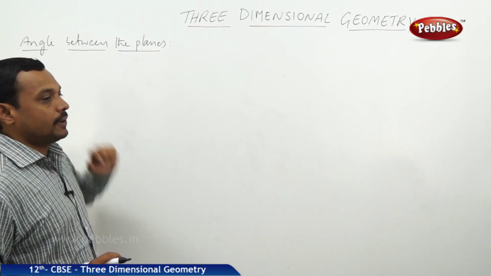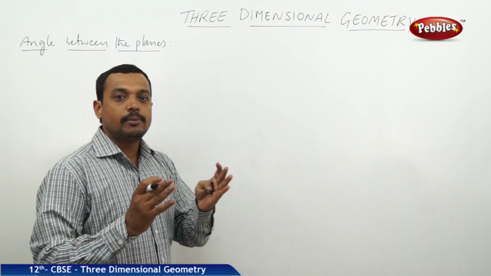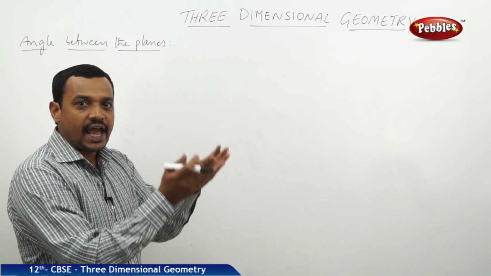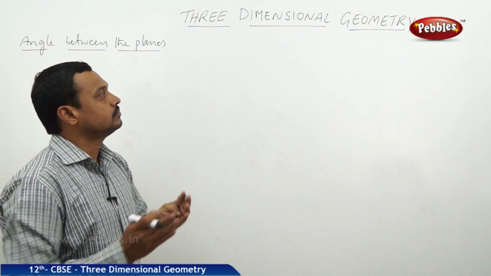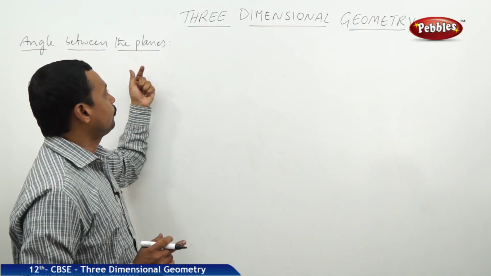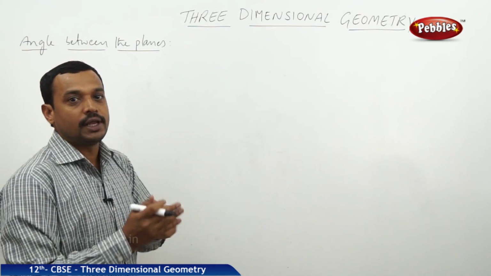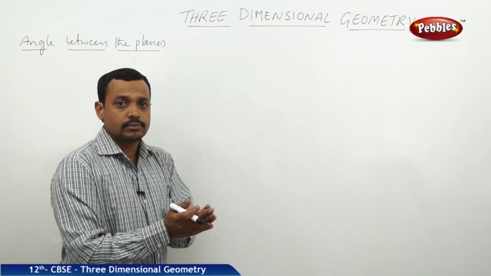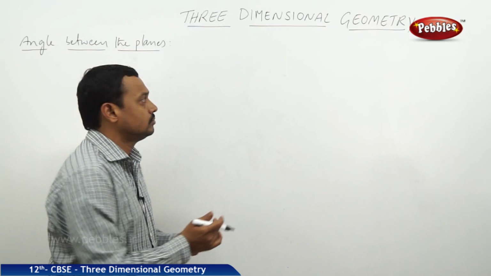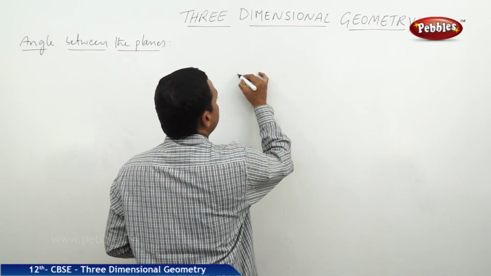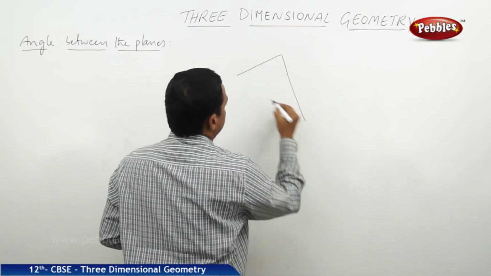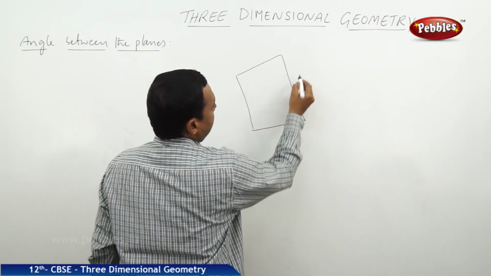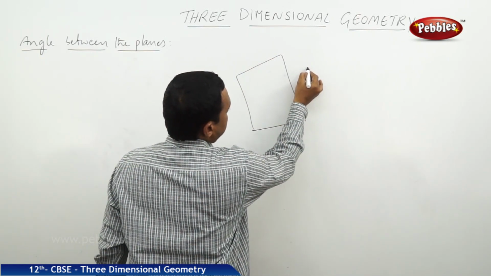Angle between the planes. How to determine the angle between two planes? Already you know how to get the angle between two lines. Right now, we are going to find the angle between two planes. Can we find the angle between any two planes? Is it possible? See, one plane is like this and the second plane is like this.